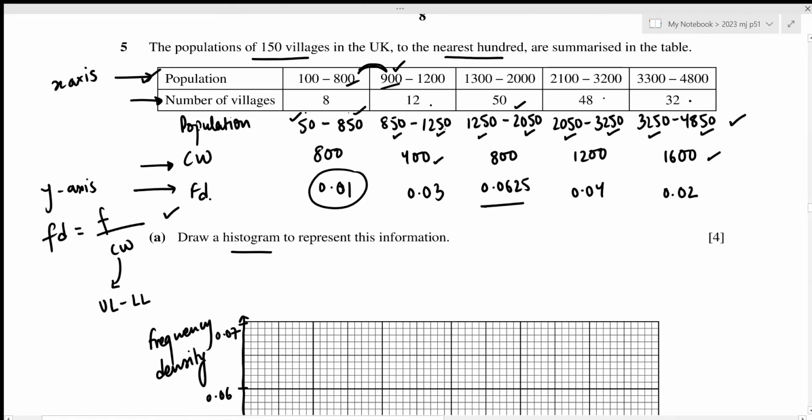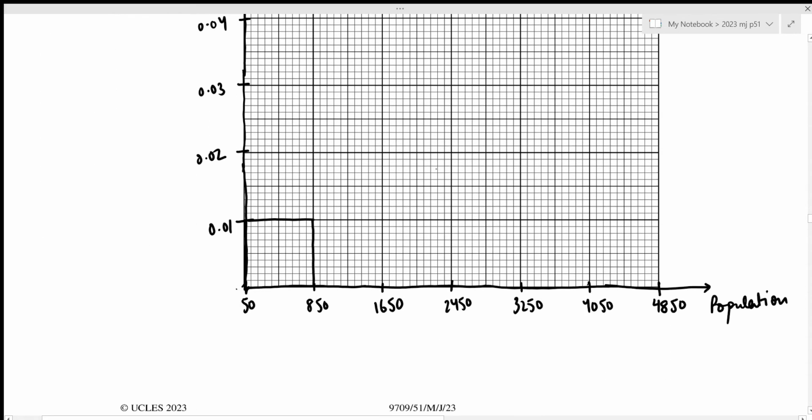Then the second range is from 850 to 1250, and this range has a width of 400 and our frequency density is 0.03. So 1250 should be halfway right here, and this is 0.03. So our bar should be till 0.03 for these ranges. And make sure you draw the bars with scale as well.